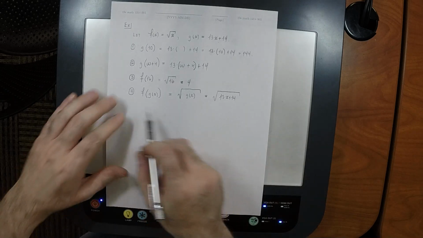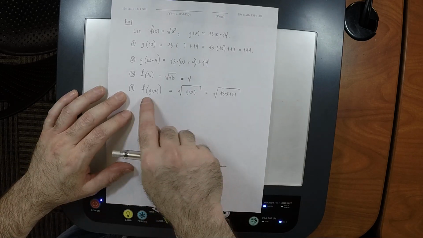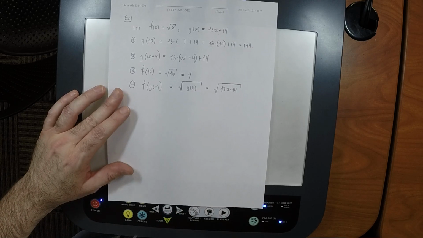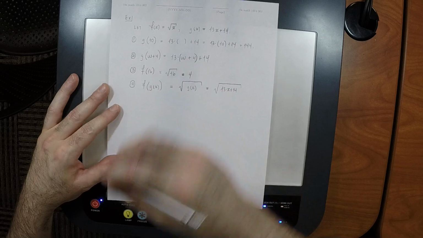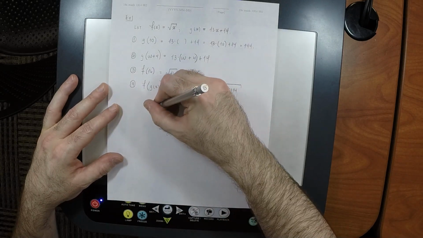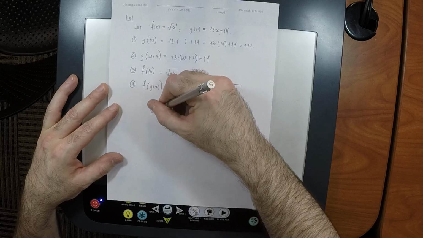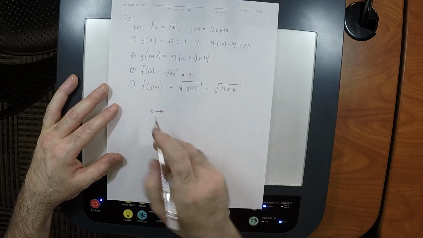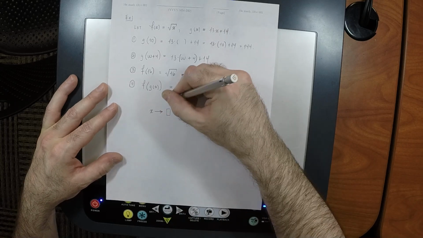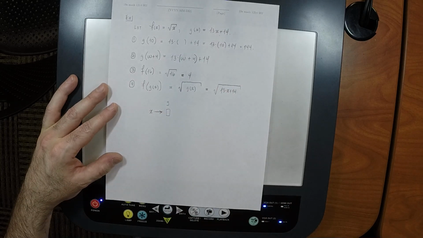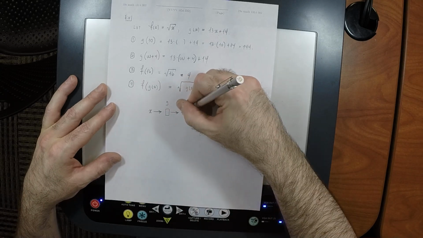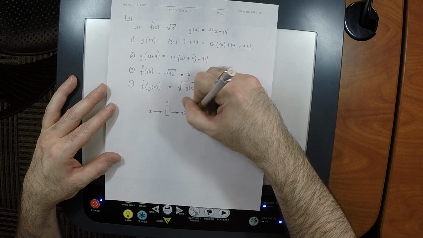So what's happening here is that this process is called a composition. It works like the following: we have an x, and first it's going to visit the g machine. So we do g to it, and then out comes 13x plus 14.